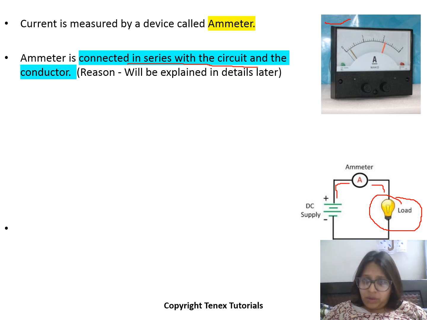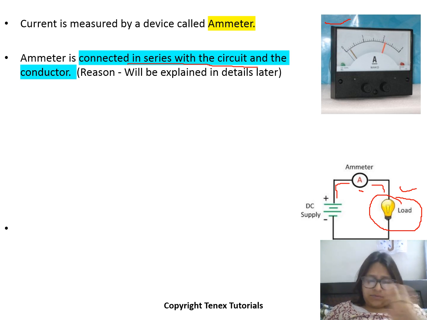Both the ammeter as well as the load have to be on the same wire, they cannot be on a different wire. That is when we call them to be in series, or we say that they both are in series with each other. However, the concept of series and parallel will become clearer to you when we read the concept of resistance.